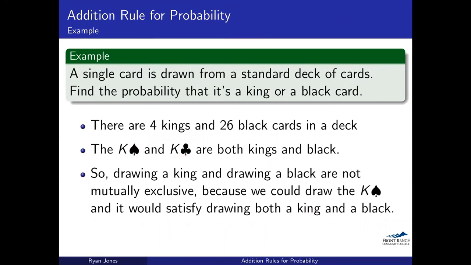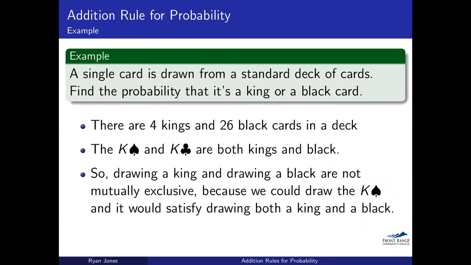Because there are instances of drawing a card that is both a king and a black card, we can say that these events are not mutually exclusive. You could draw the king of spades or the king of clubs, and it would satisfy drawing both a king and a black card.